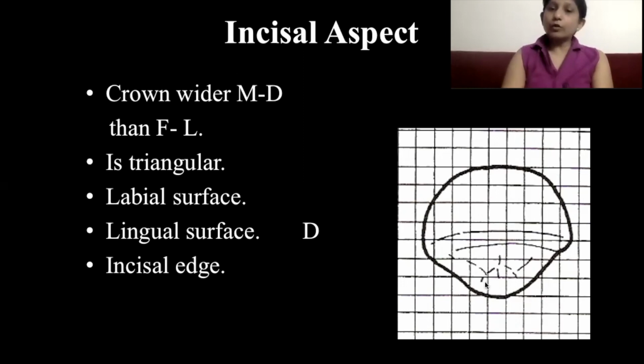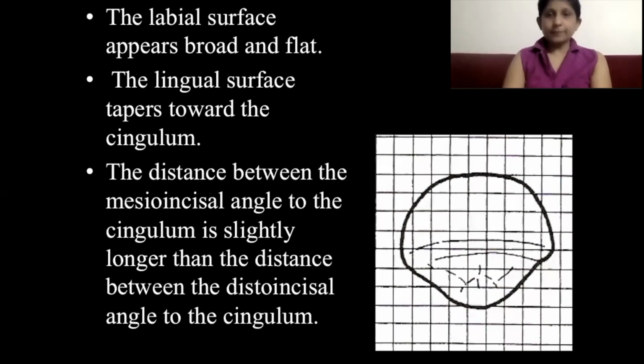You can also see the inverted W-shaped groove and the cingulum from the incisal aspect. Of course, the fossa as well. So you can see the lingual fossa here, the grooves there, and the cingulum out there. So that is the incisal aspect.